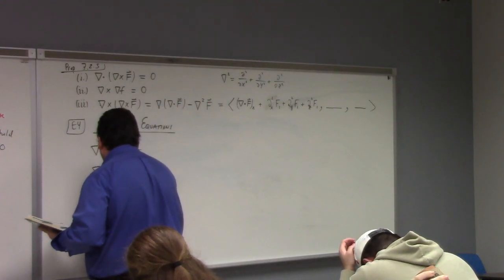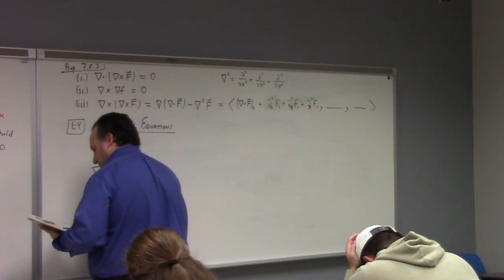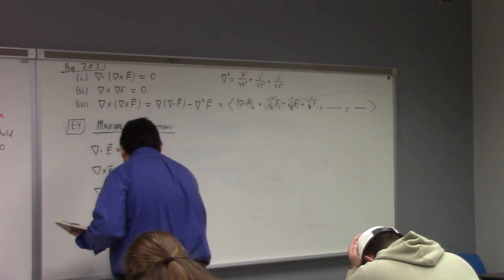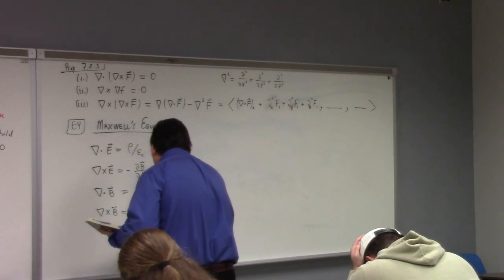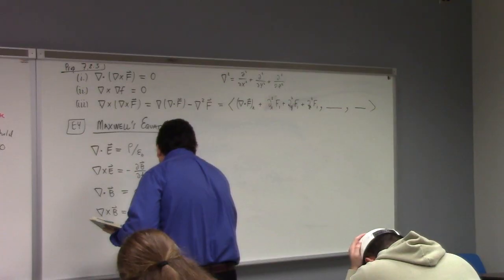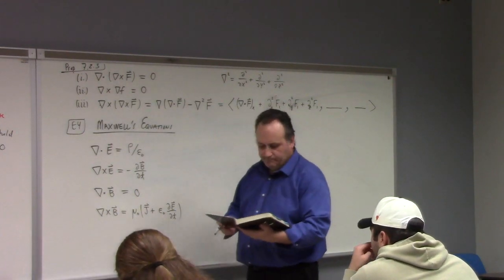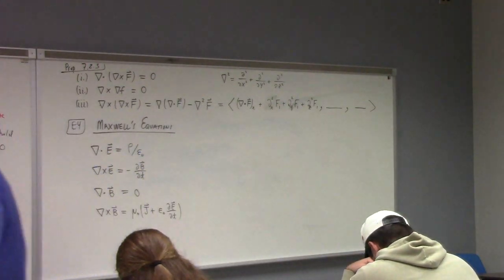The divergence of the magnetic field is equal to 0. The curl of the magnetic field is mu naught times J plus epsilon naught times partial E partial T. These 4 equations are known as Maxwell's equations.